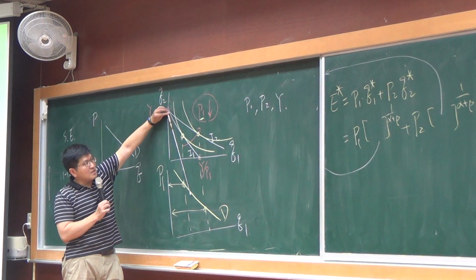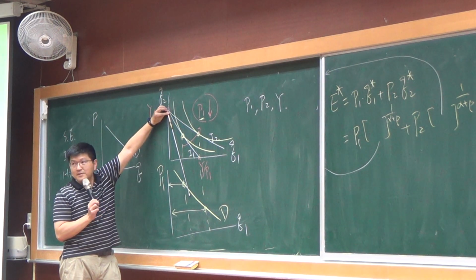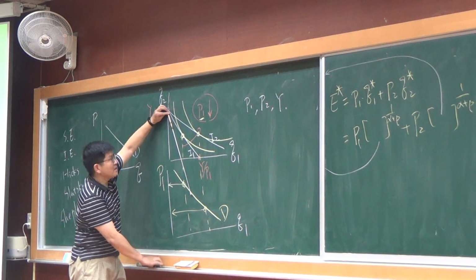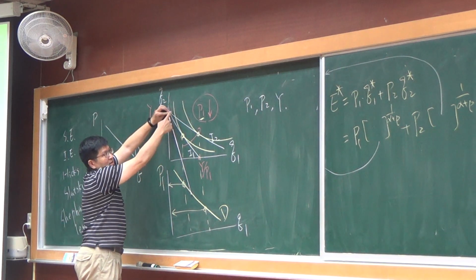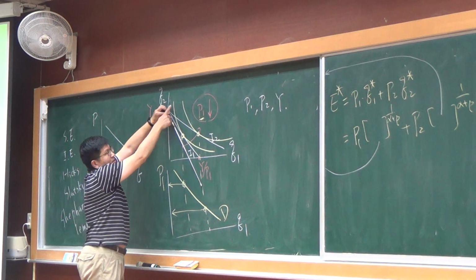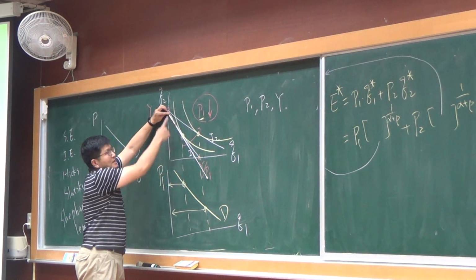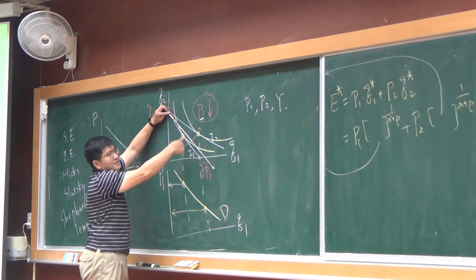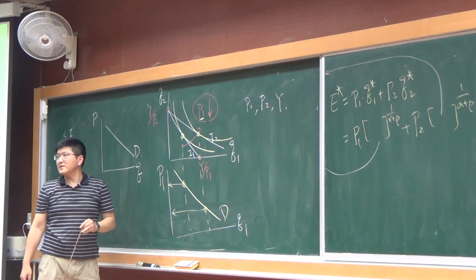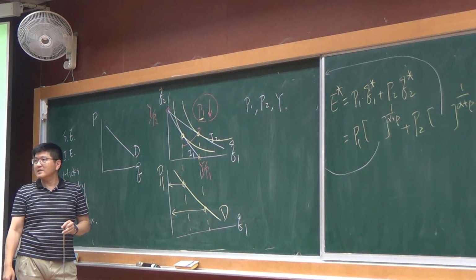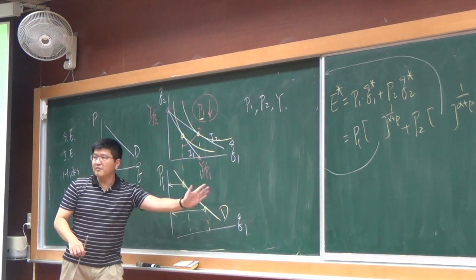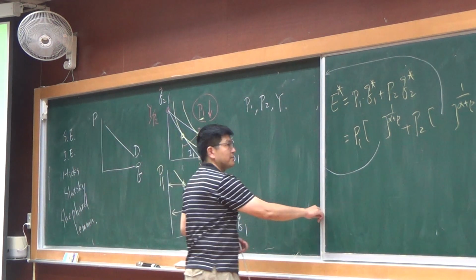Given this budget line, you will have an equilibrium, something like here, and you will have another equilibrium, and another. So you will correspond to different levels of Q1 you consume.